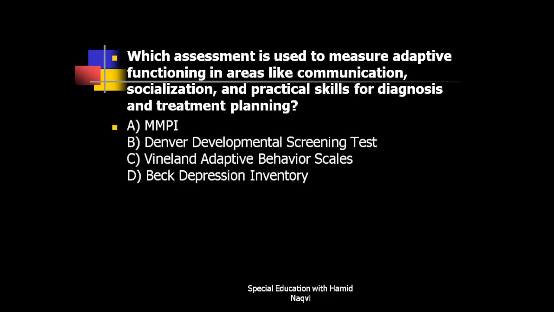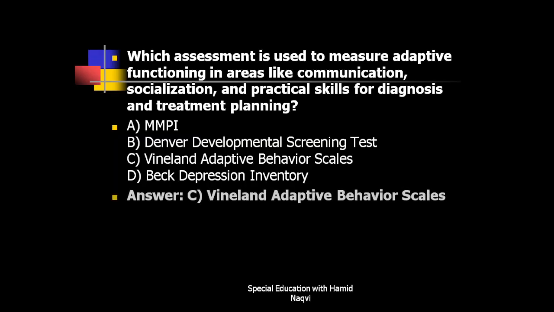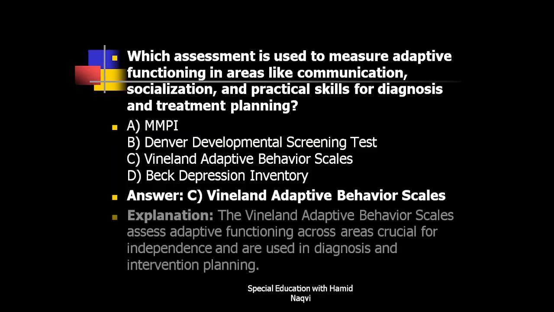The options are MMPI, Denver's Developmental Screening Test, Vineland Adaptive Behavior Scales, or Beck Depression Inventory. The answer is Vineland Adaptive Behavior Scales. And we know that Vineland Adaptive Scales assess adaptive functioning across areas crucial for independence and are used in diagnosis and intervention planning.